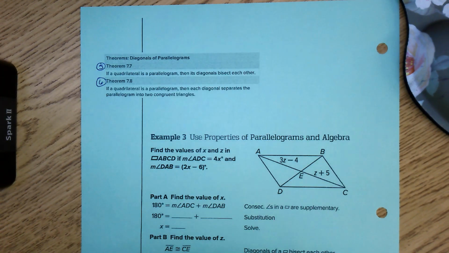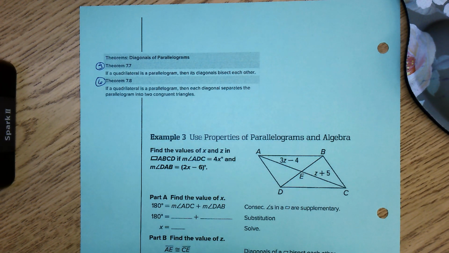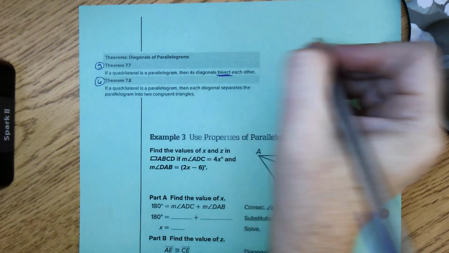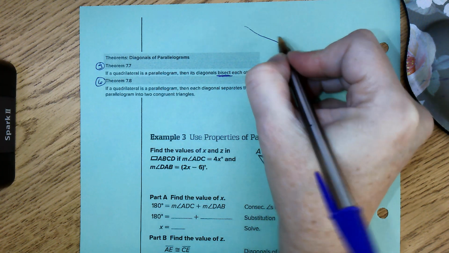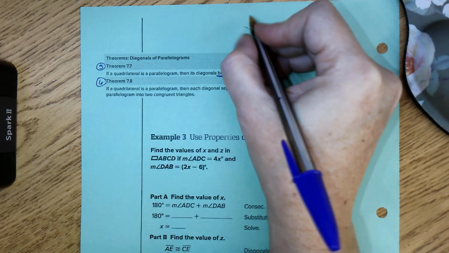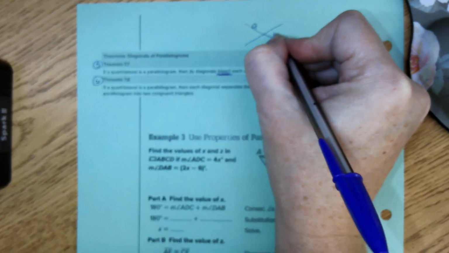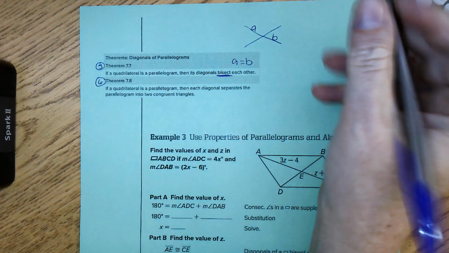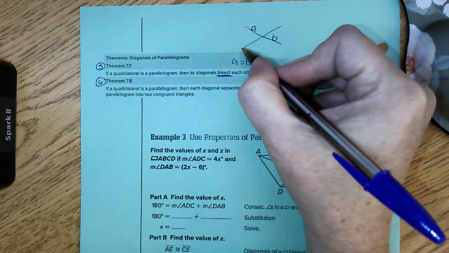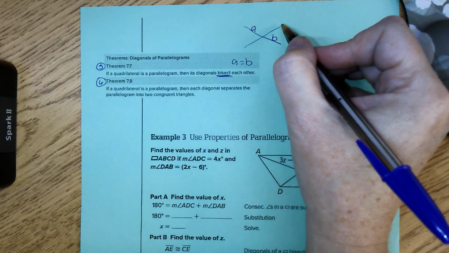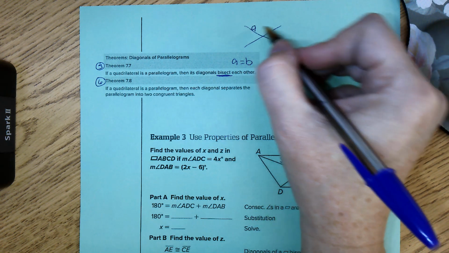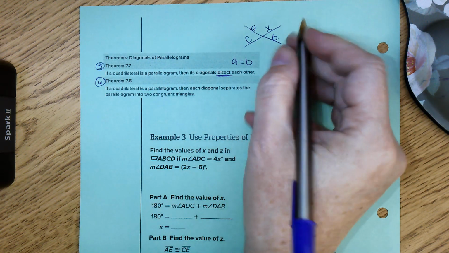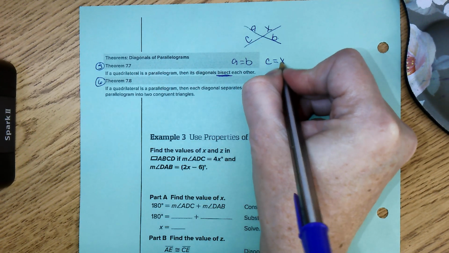Your theorem 5 says, if a quadrilateral is a parallelogram, then its diagonals bisect each other. And what that means, if this is A and this is B, then these two would equal each other. The two halves equal each other when they are bisected by another diagonal. So A and B would equal each other, and C and X would equal each other.